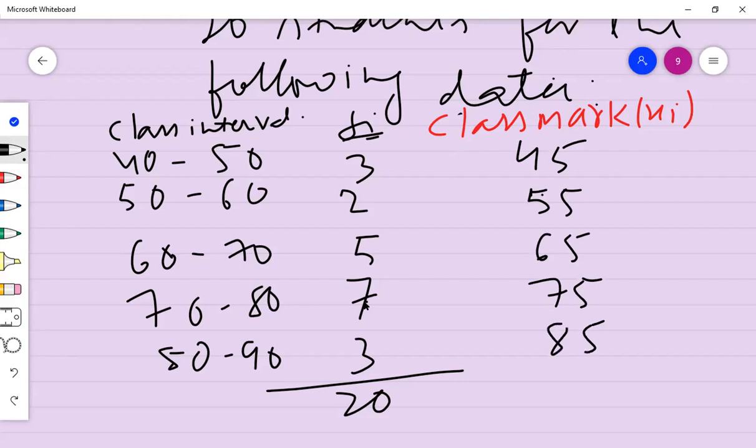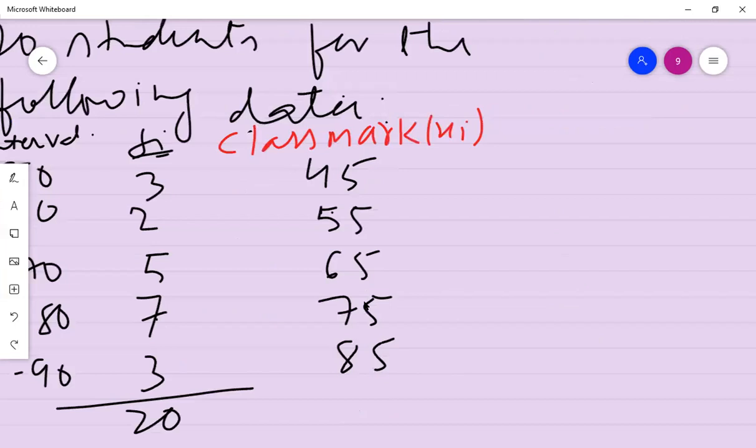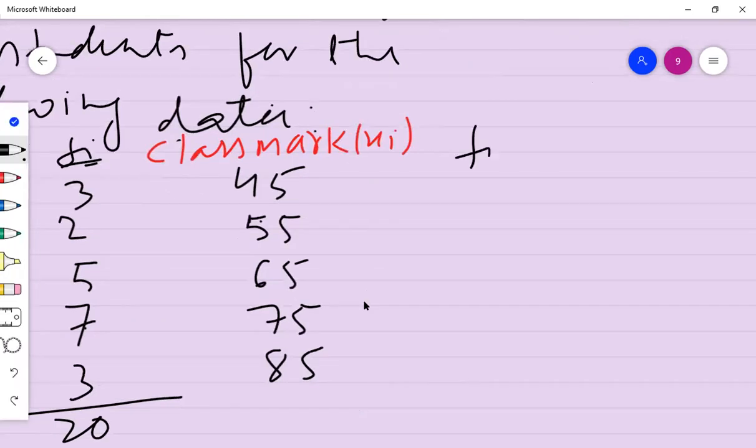Then what do we do? We find fi xi. Fi xi means we multiply these two things. So this becomes, suppose, 135. This is 110.